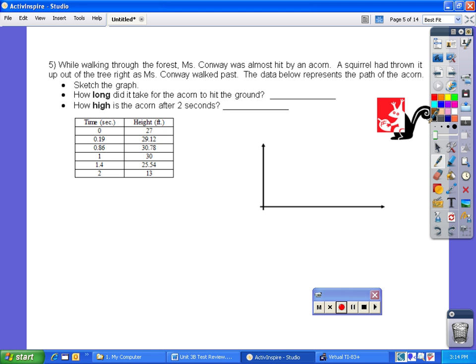First thing you should do is write your equation. And the equation I get is negative 9.982 t squared. And you don't need to have negative 16 here.